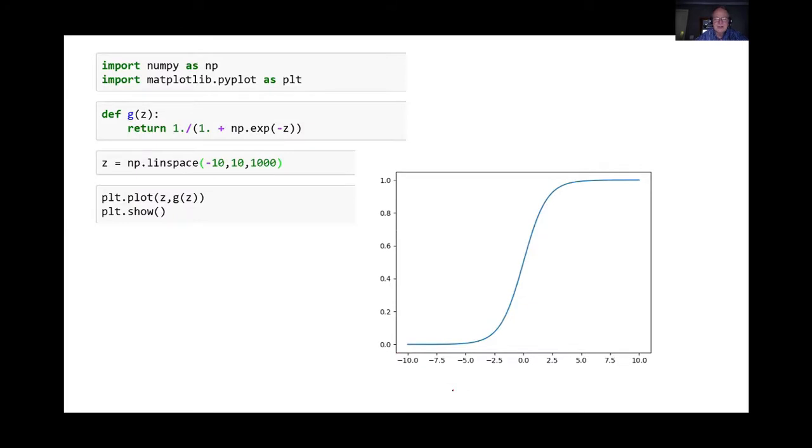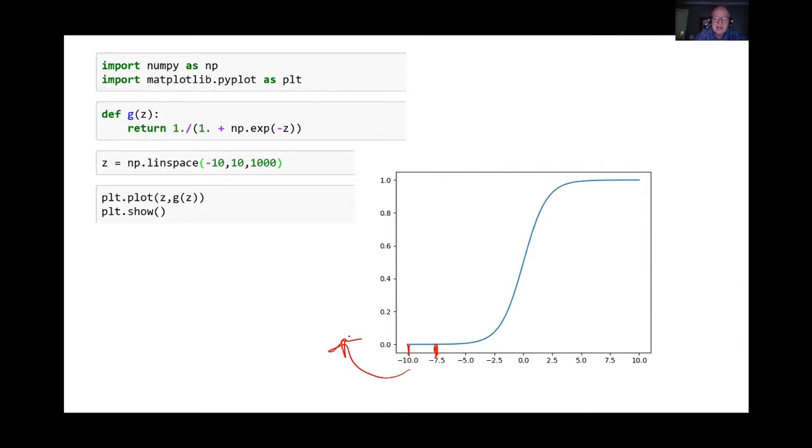And here's the graph of this function. You can see that negative values get very small outputs. Let's say we take z = -10.